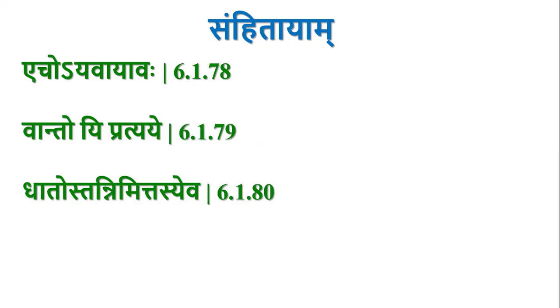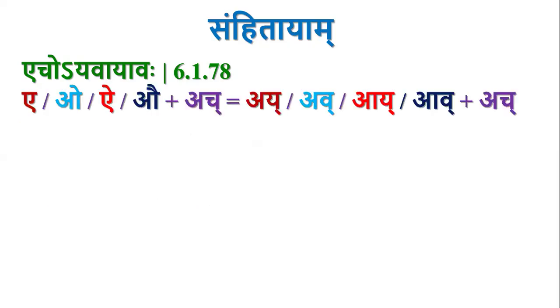Before going to the next sutras, we shall discuss something related to these sutras. By Echo Yavayavaha, these Ech letters get Ayadi Adeshaha. E becomes Ay, Ai becomes Ay, O becomes Av, and Au becomes Av, when they are followed by an Ach letter.